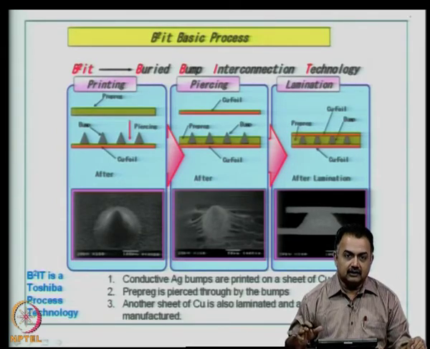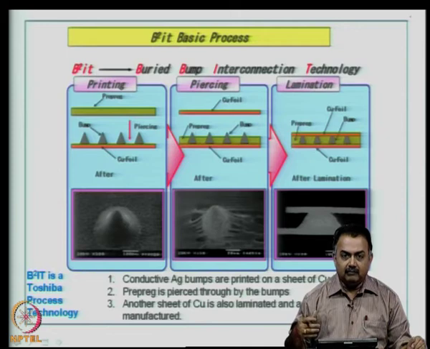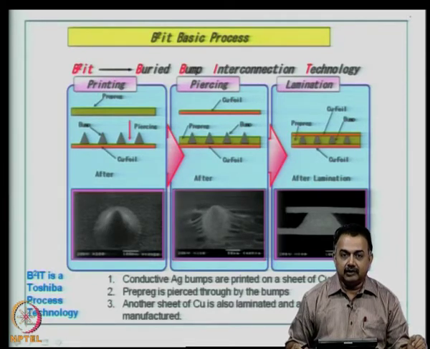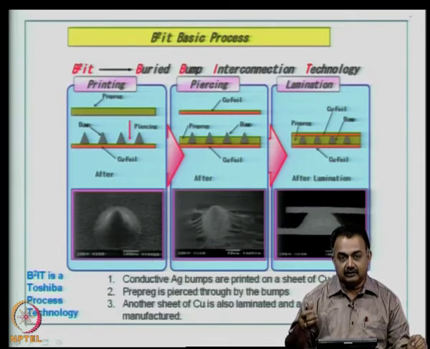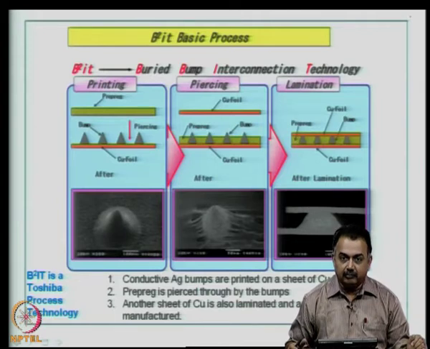Now, all the advanced technologies that we are describing here in the HDI process is one way of bringing some kind of a novelty into creating a micro via, and this micro via structure is what enables a high density interconnect structure, because you are able to reduce the feature sizes of the conductor lines, increase the number of layers to an optimum of let us say 6 to 8 layers, and then provide a lot of fan out area for packages like a BGA and CSP to be mounted on these kind of system level structures, so that you get a high performance.